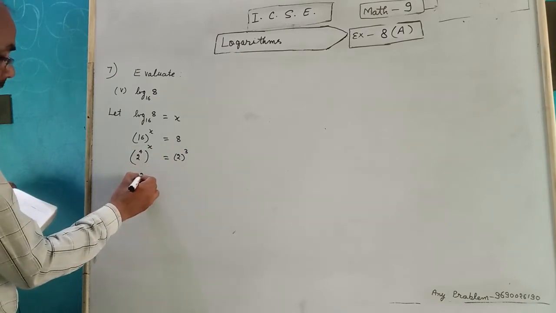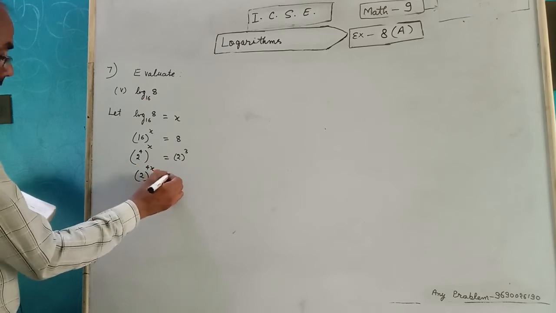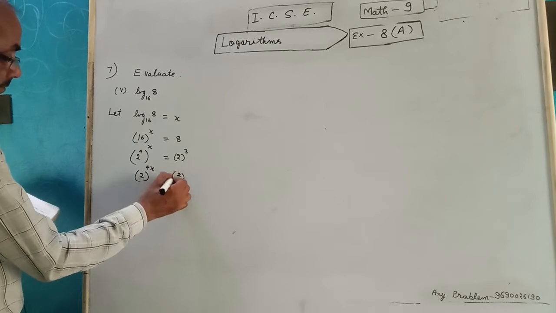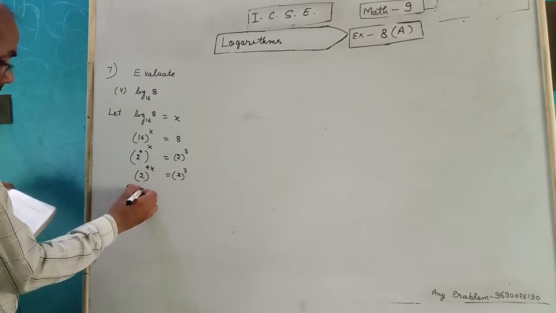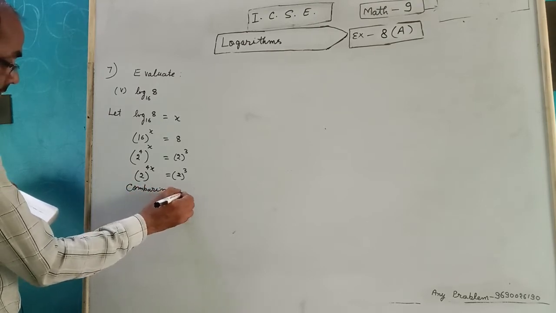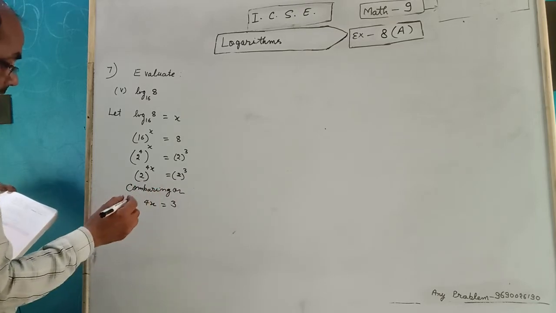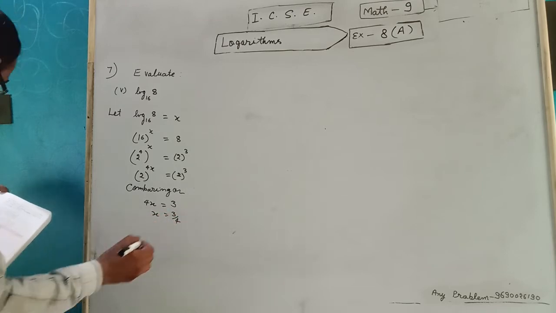Multiply the power, 2 as power 4x is equal to 2 as power 3. Bases are equal. Comparing, 4x is equal to 3, then x is equal to 3 upon 4.